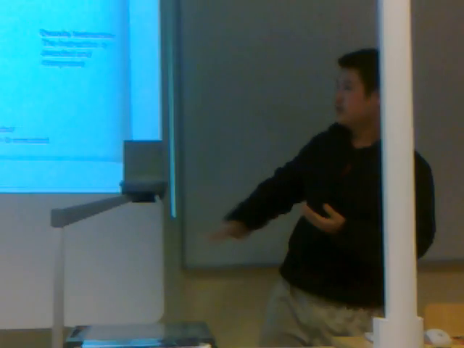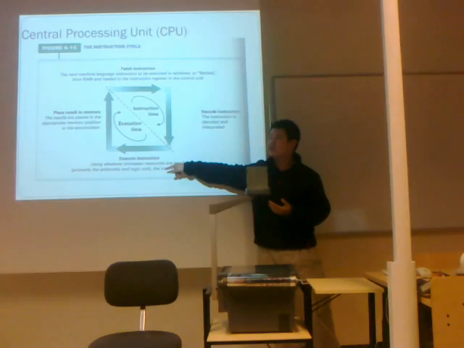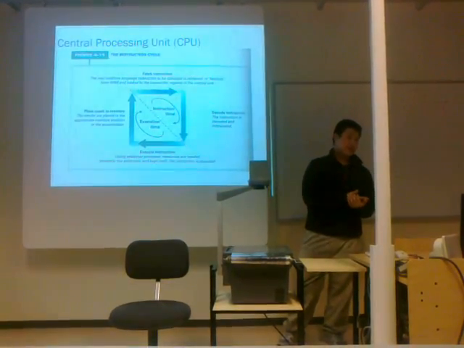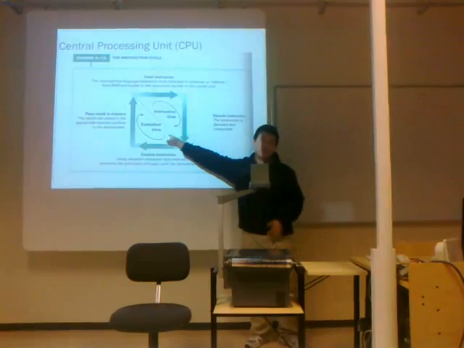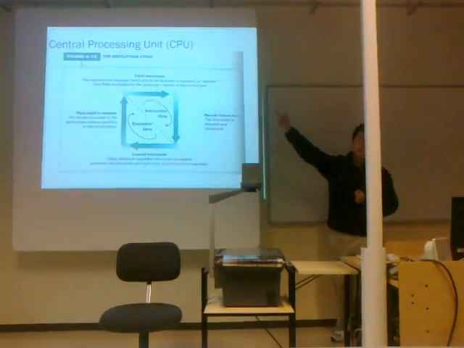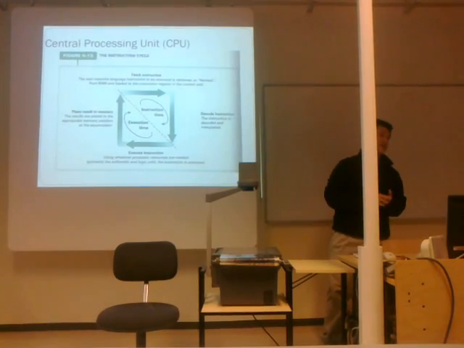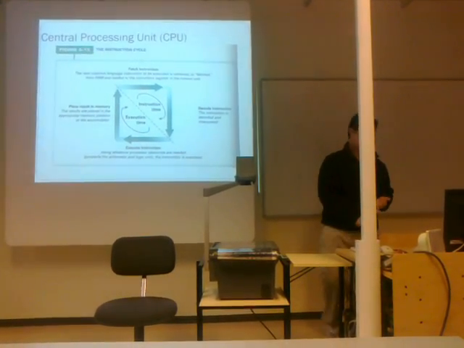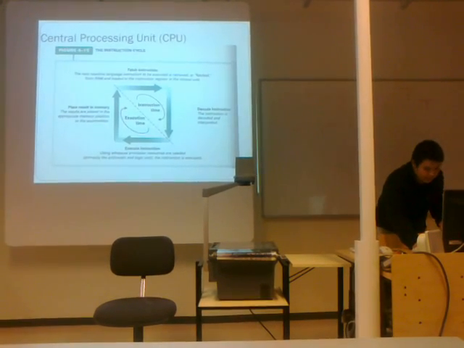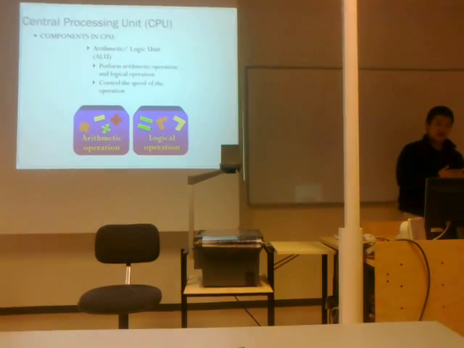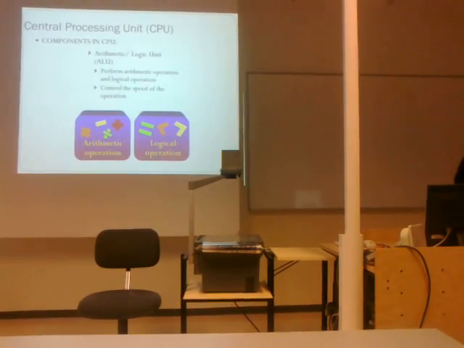Then it will execute the instruction, and after that the result will be placed in memory. This is execution time. In the machine cycle or instruction cycle, we have two periods: instruction time and execution time. And the other component in the CPU is the logical operation unit.